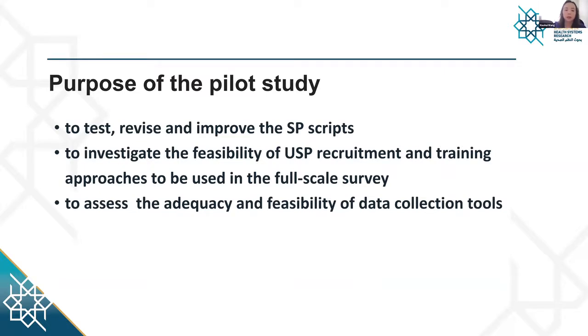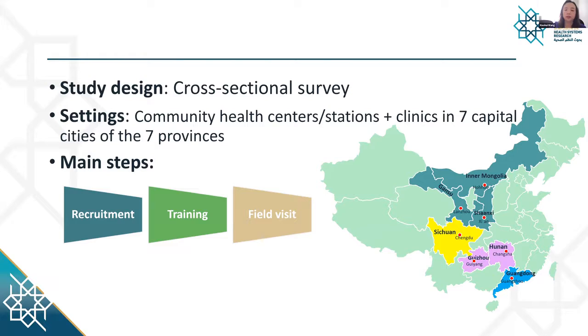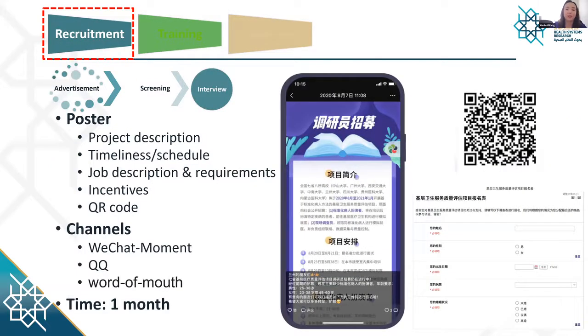We conducted this cross-sectional survey in 7 capital cities of the 7 provinces mentioned previously. The main steps can be described as recruitment, training, and field visit.